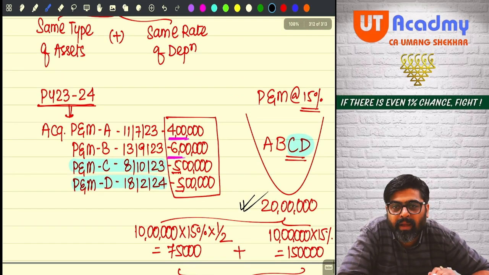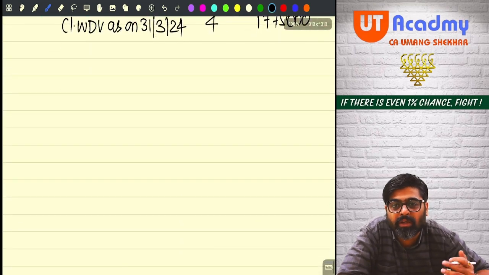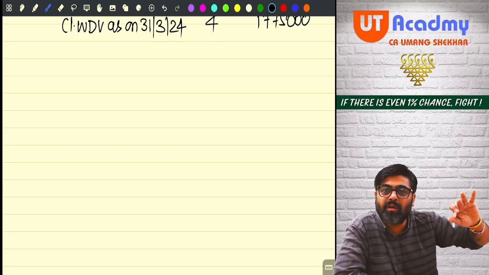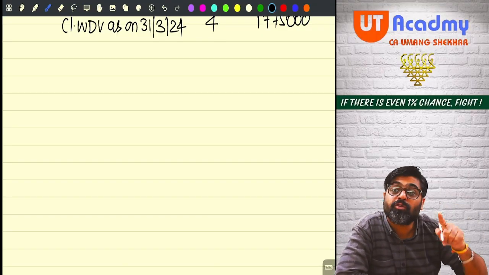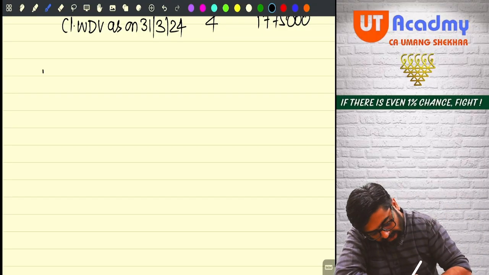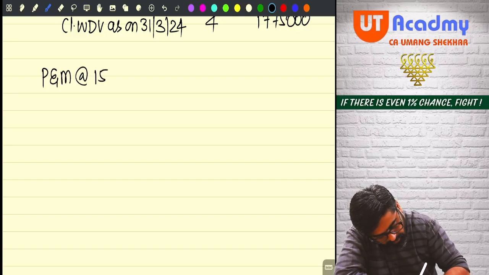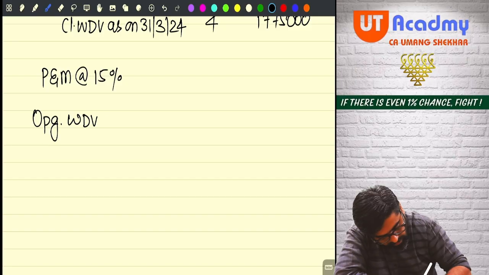Are you going to make this plant and machinery block again, or will this be used in the next year also? Next year this same block will be used in the business, no? So next year the plant and machinery block at the rate of 15%, yes or no? What was the opening WDV as on 1st April 2024?